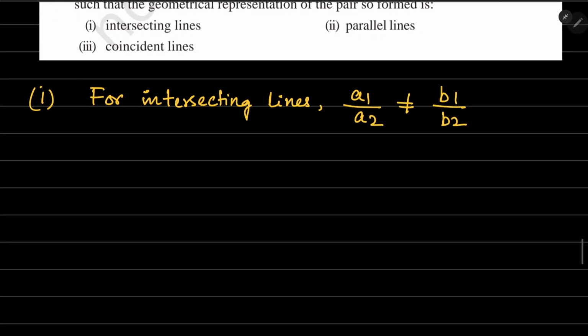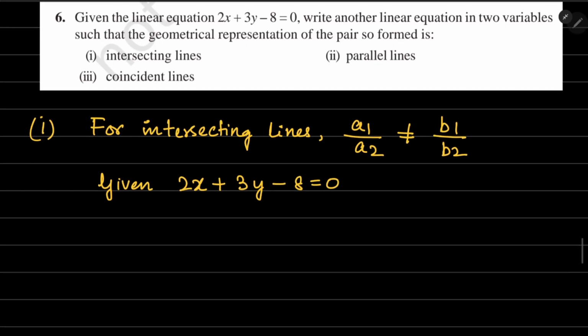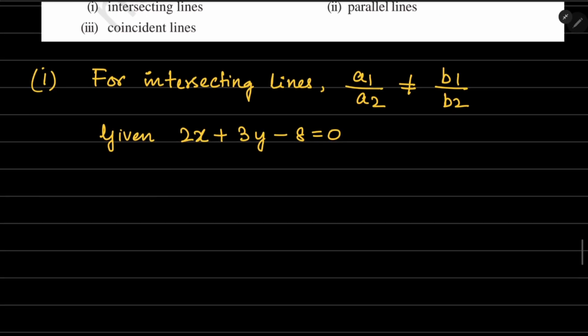Right? So you are already given the first linear equation, that is 2x plus 3y minus 8 equal to 0. So what can I write in place of a2? So 2 divided by something should not be equal to b1. Okay, so this is your a1, b1, c1.